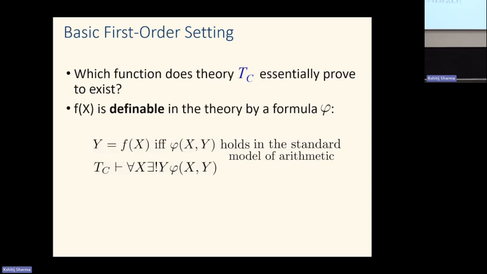A function f(x) is definable in the theory by a formula phi if the theory can prove that for all strings x there exists a unique y such that phi(x, y).